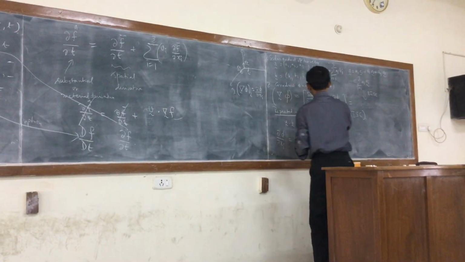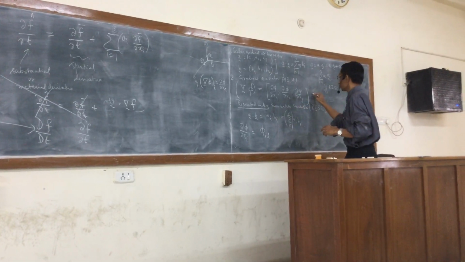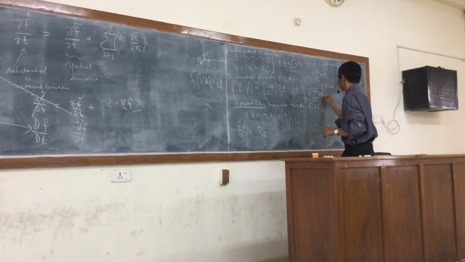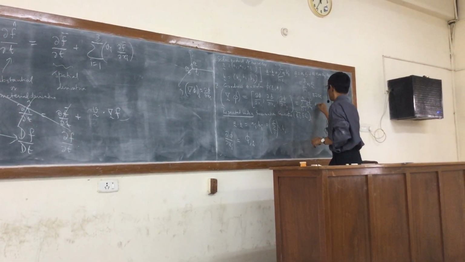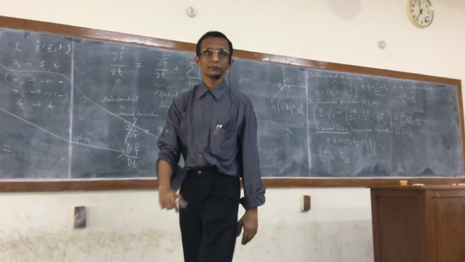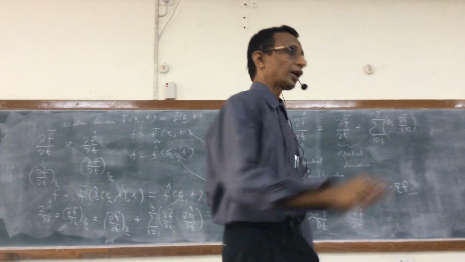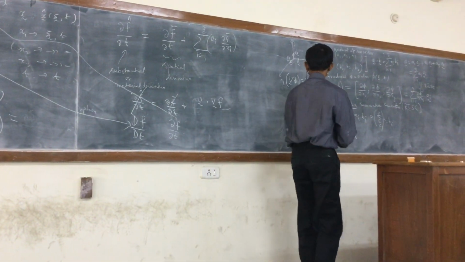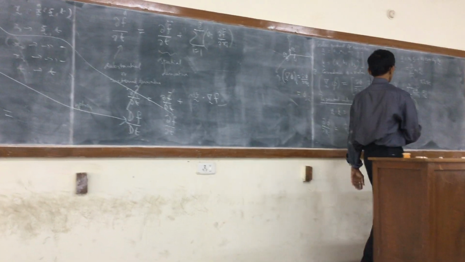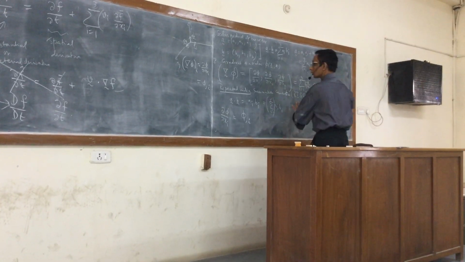obviously, either I can write it like this, give the components, or I can write this as the sum over i equal to 1 to 3 of d phi by dxi times ei. If I now introduce the comma i notation, then this will simply become phi comma i times ei. That's all.